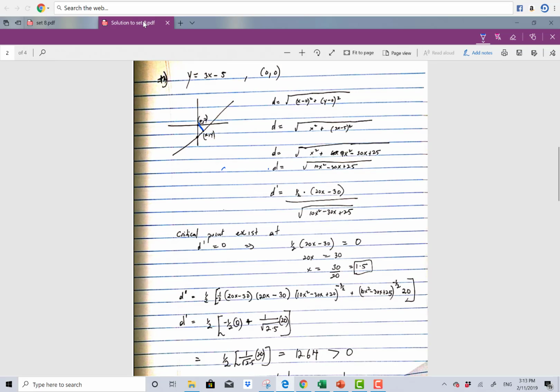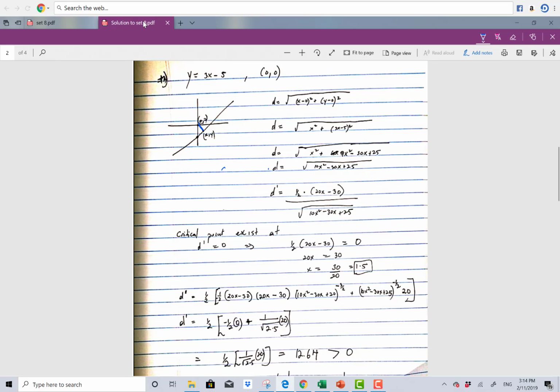Now, I'm trying to minimize this, so I'm going to have to use some calculus right here. If I differentiate this, I'm going to get one half times 20x minus 30, divided by the square root of 10x squared minus 30x plus 25. Now, how did I get this? Bear in mind that for the derivative, we have the square root of 10x squared minus 30x plus 25.